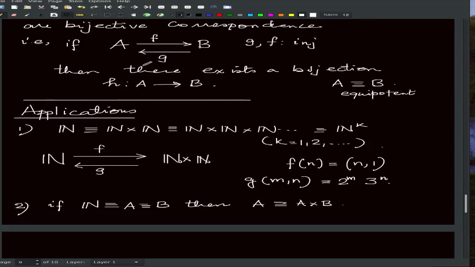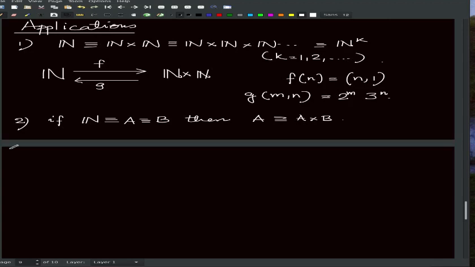Here is a whole list of things which are equipotent with N. N is equipotent with Z, Q, all surds, and what do I mean by this?